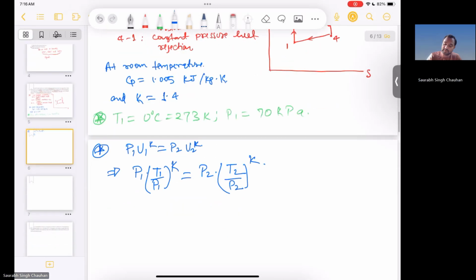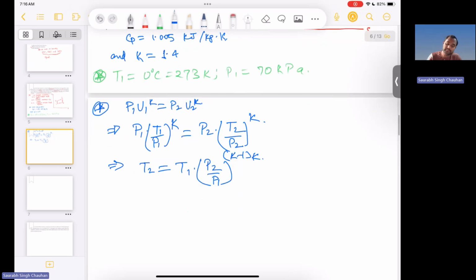And from here, you can write T2 is equal to T1 into (P2 by P1) to the power (k minus 1) by k. Or you can write it as T2 is equal to T1 into Rp, where Rp is nothing but the pressure ratio, Rp to the power (k minus 1) by k.